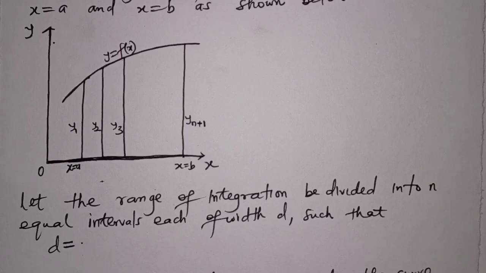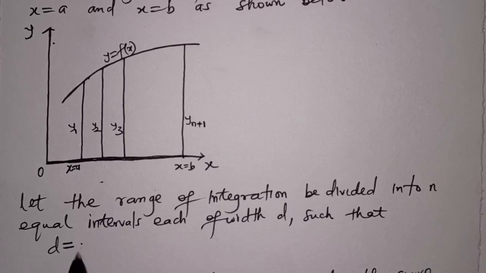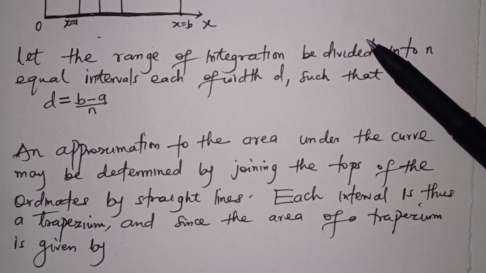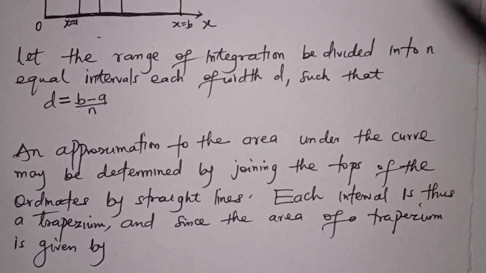Let the range of integration be divided into n equal intervals of width d, such that d is equal to b minus a all over n. d is the width of the interval. An approximation to the area under the curve may be determined by joining the tops of the ordinates by straight lines, and so each interval becomes a trapezium.